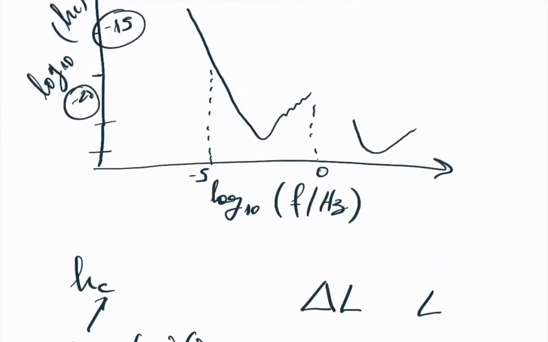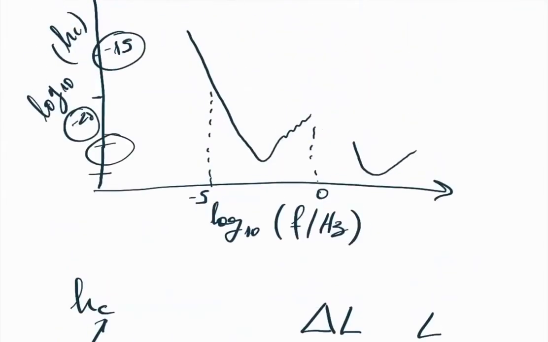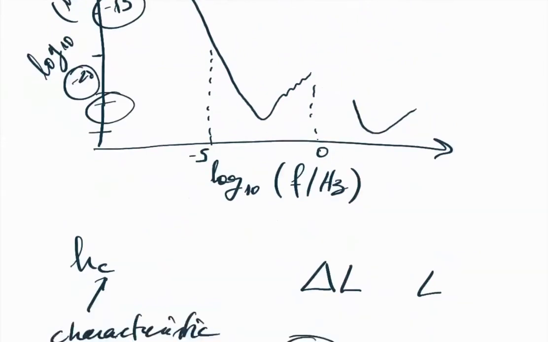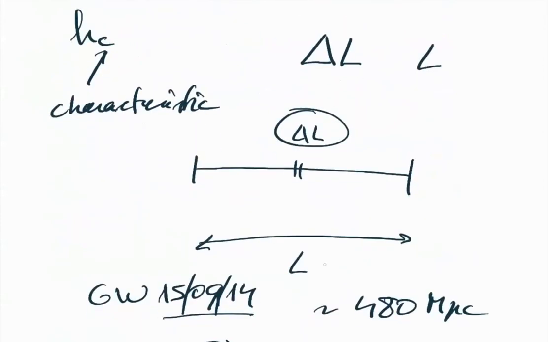This is what this plot is telling you, these kinds of numbers, 10 to the minus 25, etc. So in 4 kilometers, you are measuring tiny little fractions of a very, very small part of a proton.